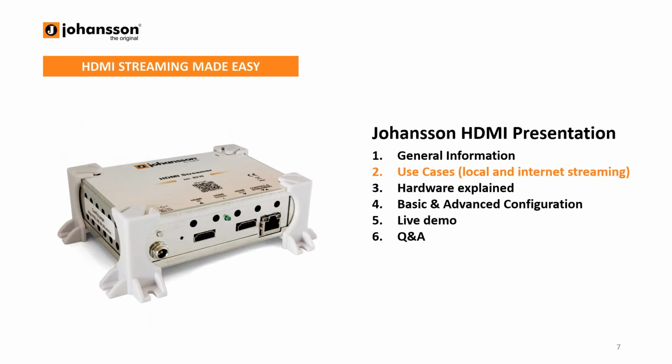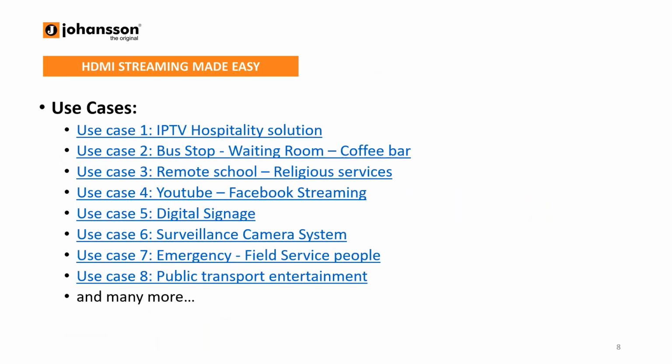So a few use cases. We have around 8 cases. These are typical applications that we know some of our customers are using our product for. The first one, I think, is very common. It's in hospitality, so for IPTV. The second use case we always explain is everywhere people have to wait or are relaxing, like a bus stop, public transport, a waiting room, a bar, restaurant.